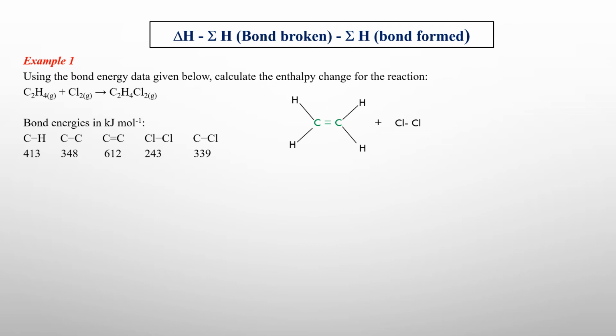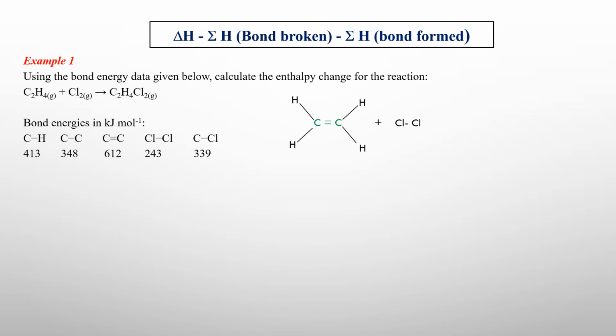So now, if you look at one example of how we are going to be using bond energy to calculate the enthalpy change, let's look at the information that we are given. If you look at Hess's law and compare it with the bond energy concept, you will see that in Hess's law we were given some equations and we were supposed to manipulate them. But here we are given the bond energy values.